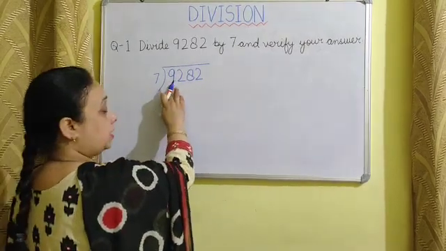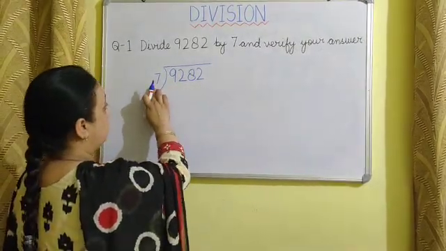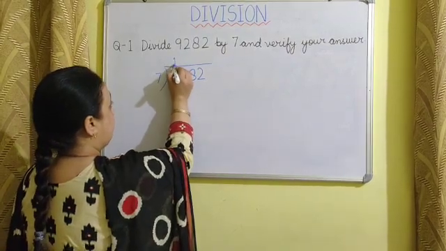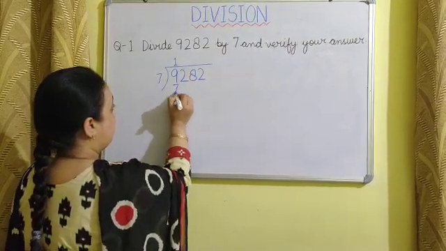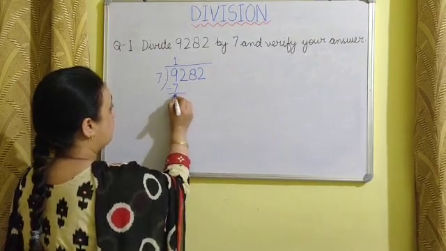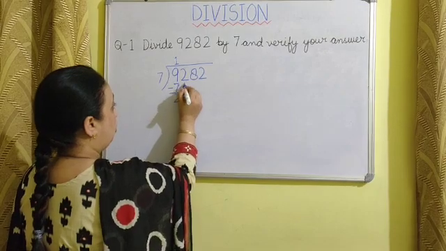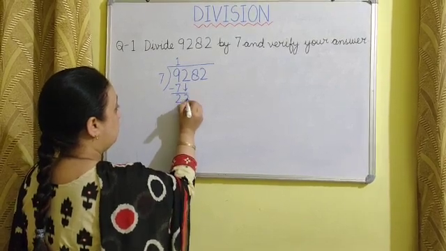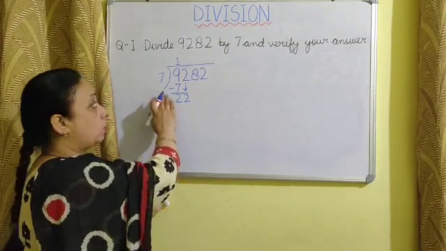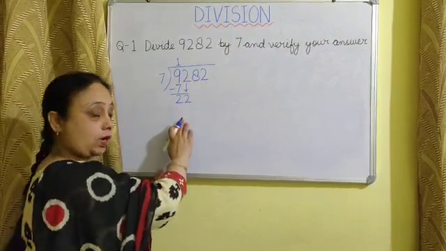Now since the first digit is greater than our divisor, we'll take the first digit and start dividing. 7 ones are 7. Subtracting, 9 minus 7 is 2. We'll copy down this 2 here and we have the number 22 over here. Now we know that 7 threes are 21.